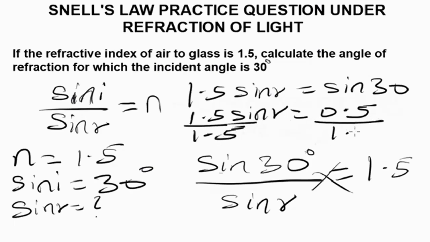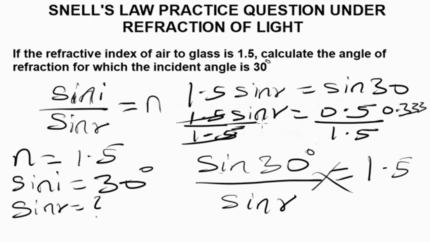This 1.5 will cancel 1.5 here. So we are left with sine R equals 0.5 divided by 1.5. If you divide it, you're going to have 0.333, and the rest of them you keep having 3s on the calculator.